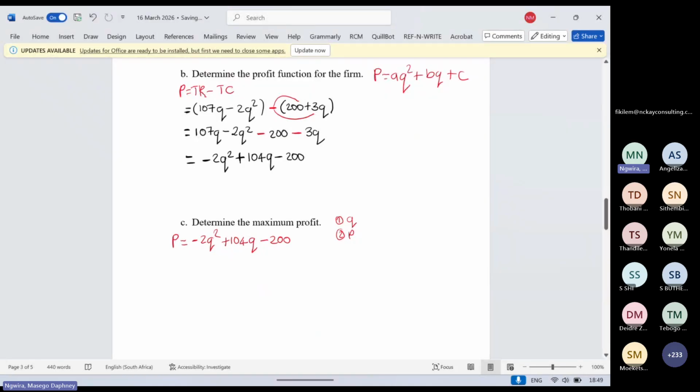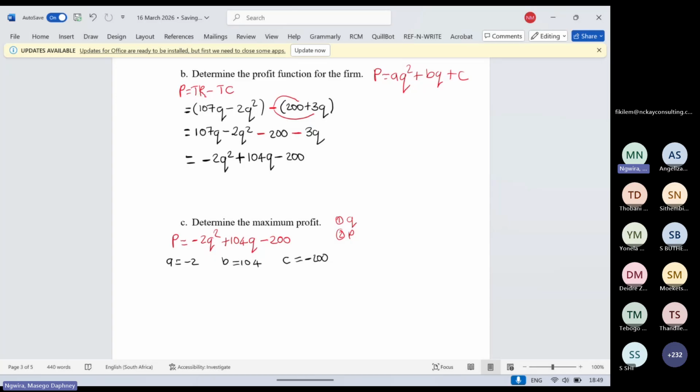So this is our profit function. Now we're going to look for A, B, and C. So our A is negative 2. Our B is 104. And then our C is negative 200.